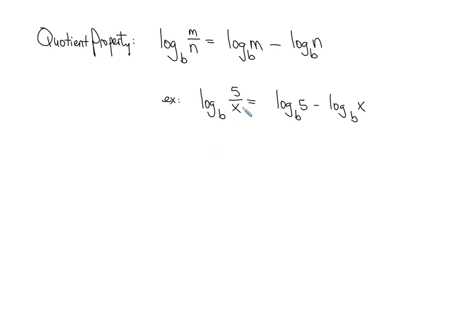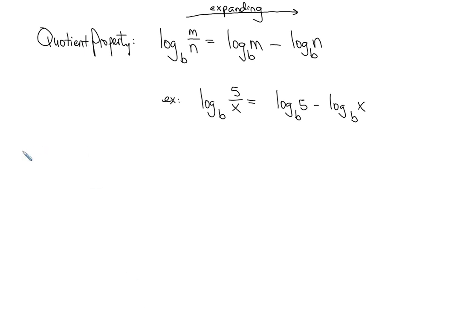Questions about that? That's what it does. Same thing as the product one, except that it's with a minus in between. So 1 log with division becomes 2 logs with subtraction. Again, going this direction is expanding. Going backwards, we call it condensing. We'll deal with that tomorrow.